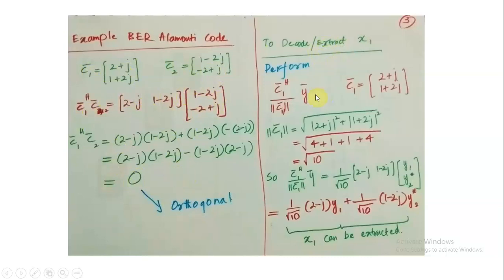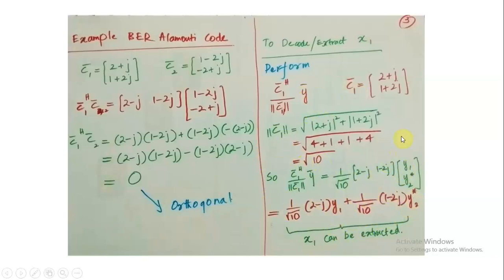If we want to extract x1, we perform this operation at the receiver. As we have measured the channel at 2 time instants, we compute C1 Hermitian divided by C1 norm into y. That is the operation we have to perform. C1 norm is calculated to be square root of 10. If you put in these values, we get these equations.